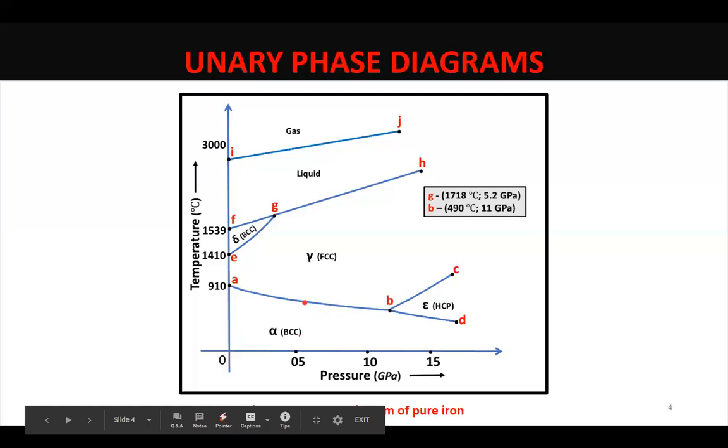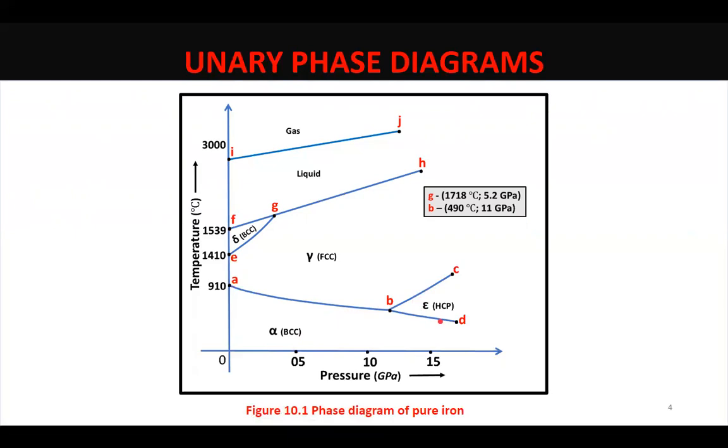Then all these blue lines here are two phase boundaries or two phase equilibrium lines. So if the temperature and pressure of pure iron is such that the temperature composition point falls on any of these lines, for example, if I put the cursor over here, the red dot here, if pure iron is put to a temperature and pressure represented by this point, then iron has two phases in it, a mixture of alpha phase and gamma phase.